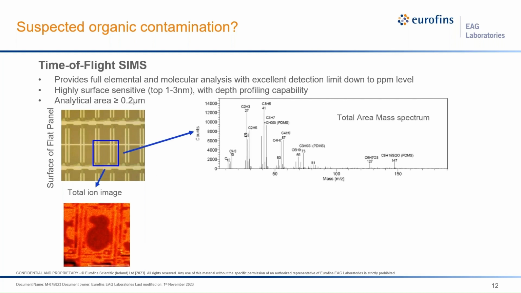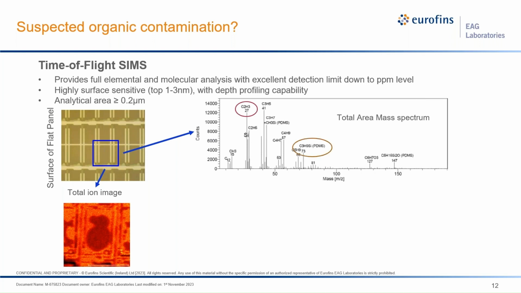TOF-SIMS will provide a total ion image, with the brighter color showing higher ion counts in the area. In addition to that, we also get a total area mass spectrum showing all the elemental and molecular species detected within that area.